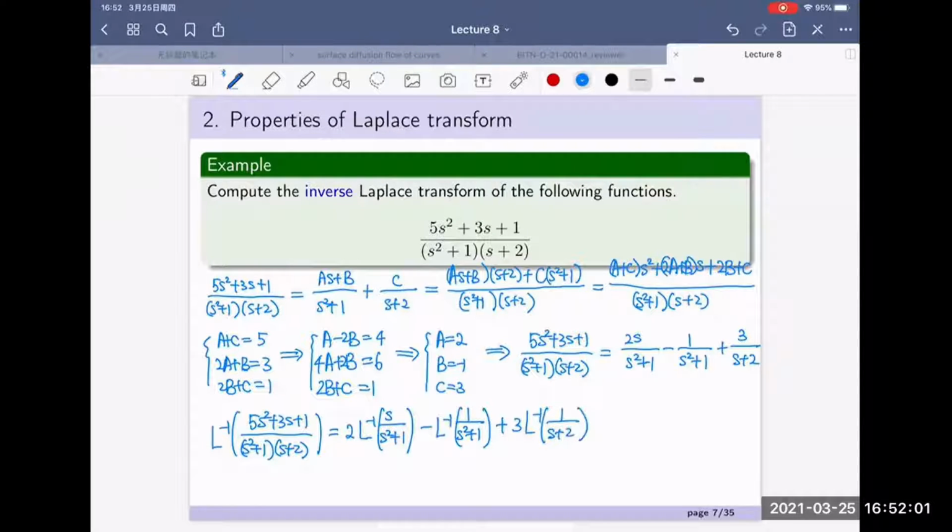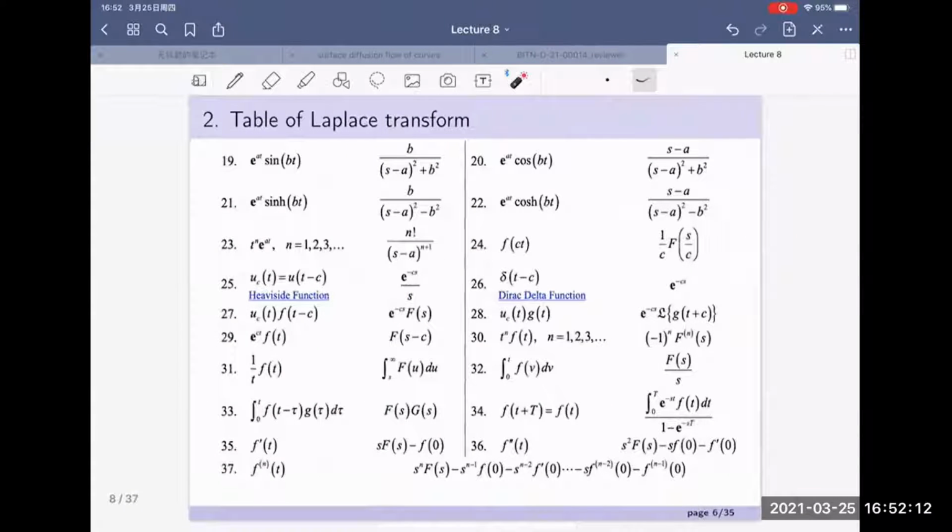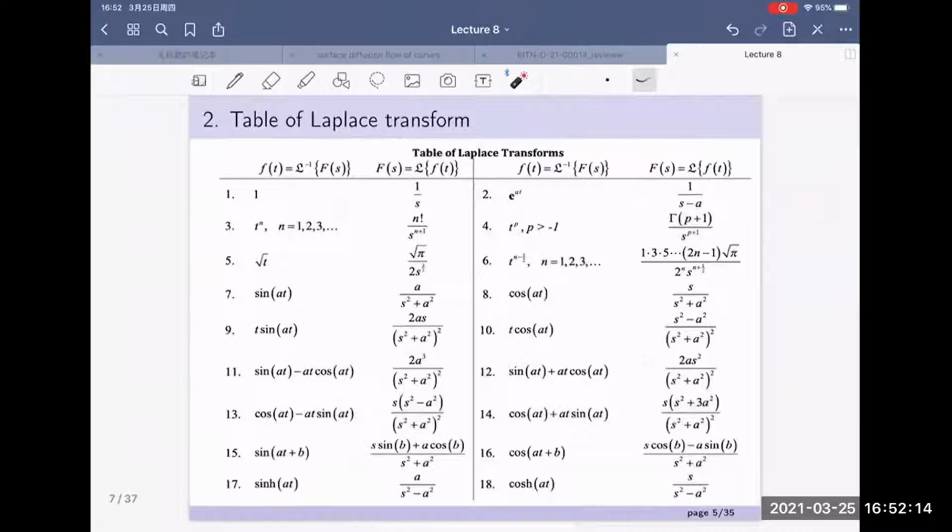For the three terms, you need to use the table of Laplace transforms. So let's look at the table. This is s over s squared plus 1. If you look at the table, on the right side, if you have s over s squared plus 1, then a should be equal to 1.